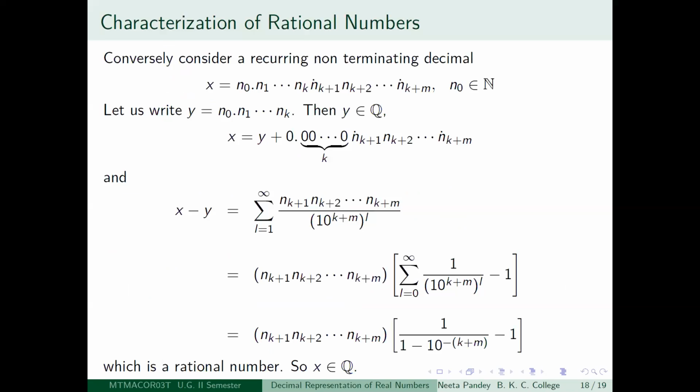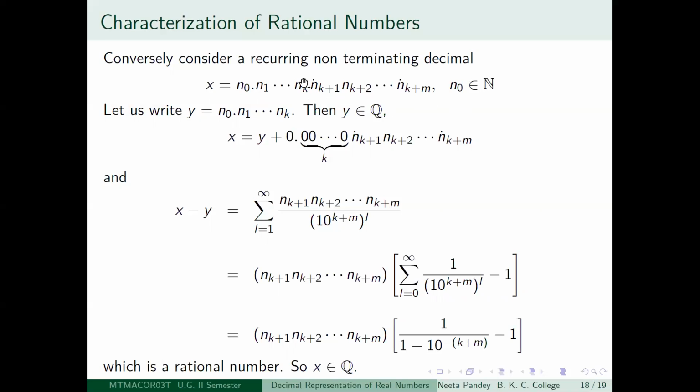So if you want to look at the converse of that, that is also very simple. Suppose you have a recurring non-terminating decimal like this. Then in its most general form, it will look like n0 point n1 n2 etc. nk, and then you will have certain digits nk plus 1, nk plus 2, nk plus m, which will keep on repeating.